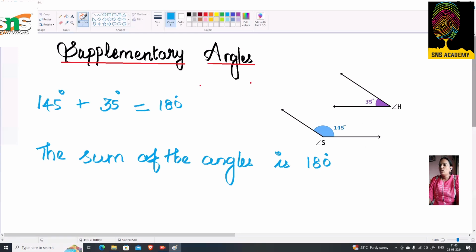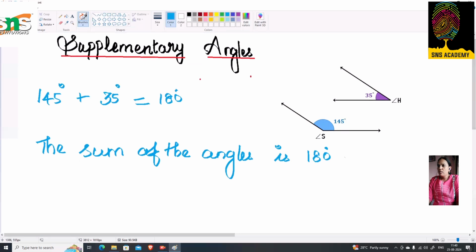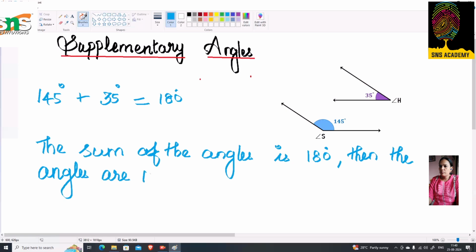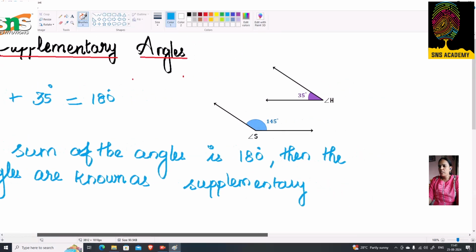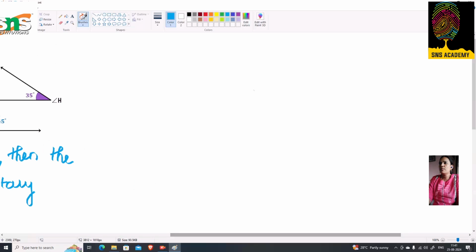So if the sum of the angles is 180, then the angles are known as supplementary angles. So we can add any two angles, and if the sum is equal to 180 degrees, then we can call them supplementary angles.